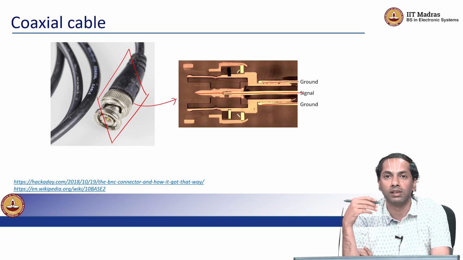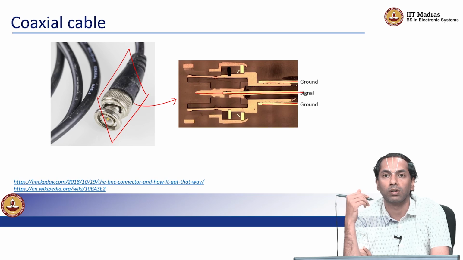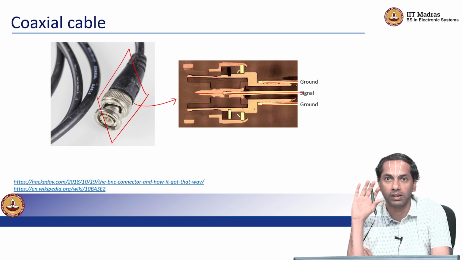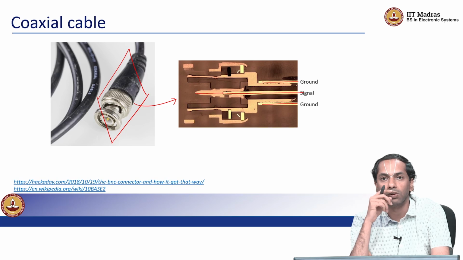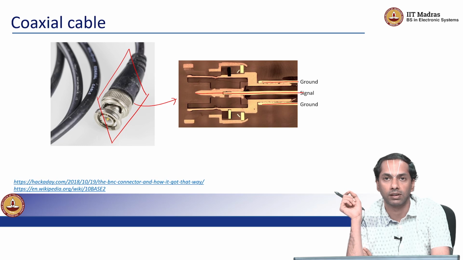It seems to show that there are two conductors, one on the top and the bottom. It is actually part of the same piece of conductor that seems to be wrapping around the signal. So this is what we call a coaxial cable, because the outer conductor, which is bringing the return current from the load, is symmetrically wrapped around the signal conductor in the middle.